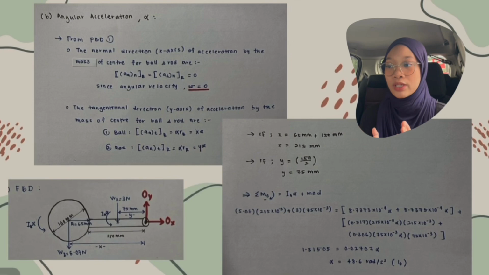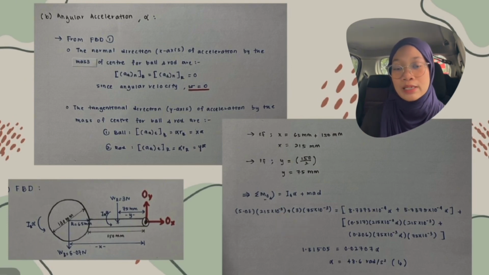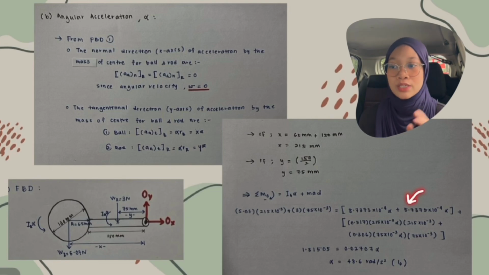So as shown here, 5.07 times 215 millimeters plus 3.00 times 75 times 10⁻³. So why is it positive? Because it is an anti-clockwise movement. Then it is equal to both the mass moments of inertia times alpha, which has been calculated just now, plus the mass times acceleration d.